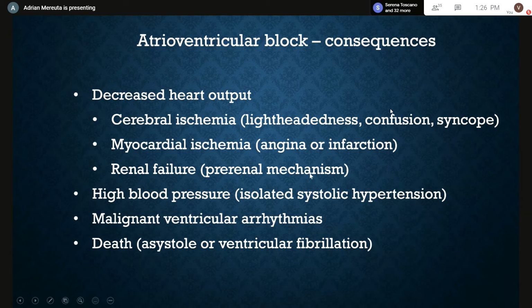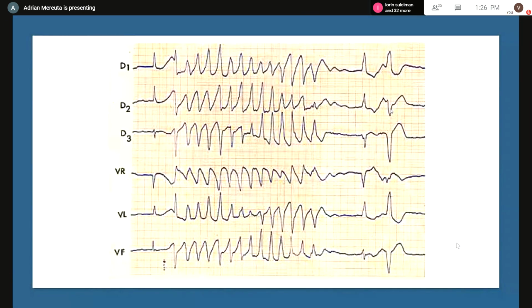We can have high blood pressure, only the systolic pressure. We can have malignant ventricular arrhythmias induced by the bradycardia, or even death by asystole itself or ventricular fibrillation induced by bradycardia. And the tachycardia induced by bradycardic rhythm.